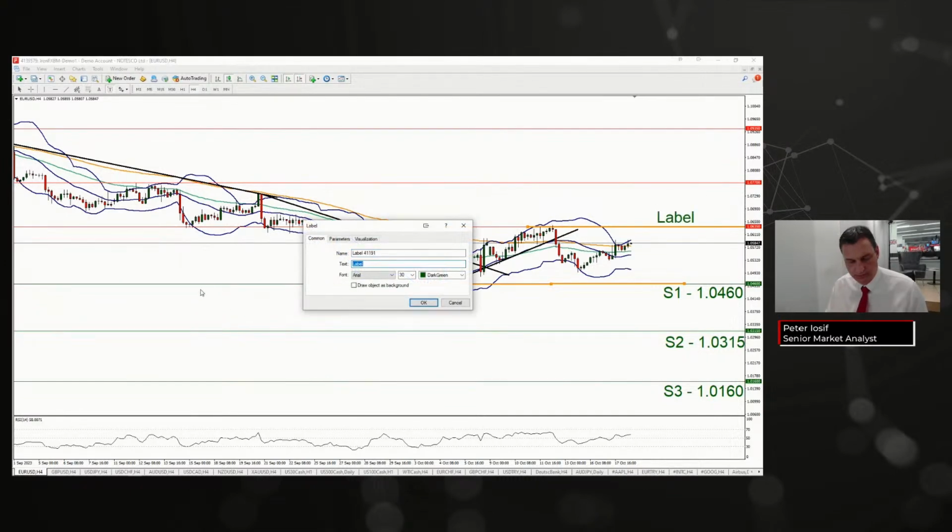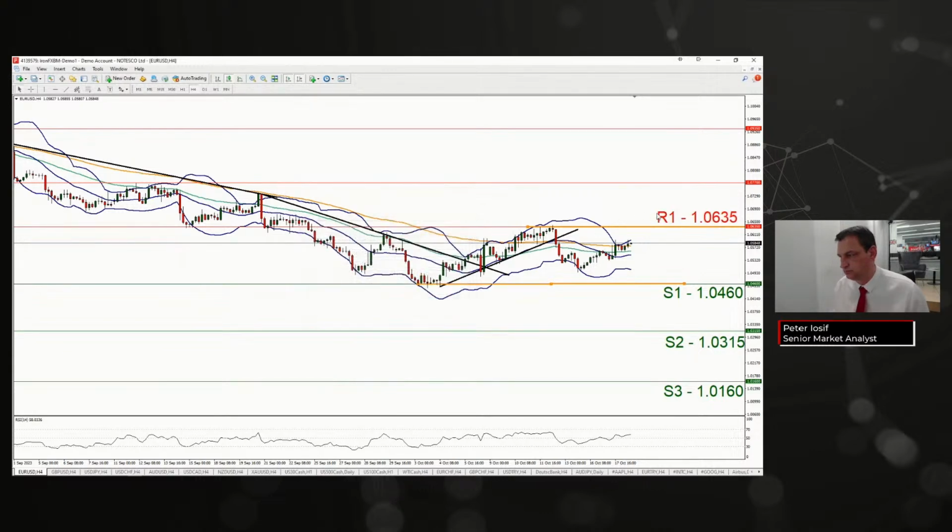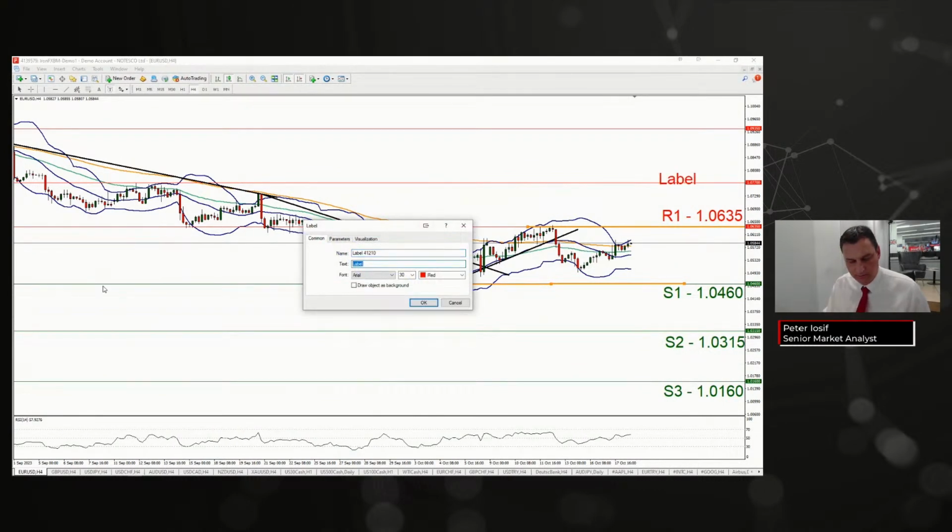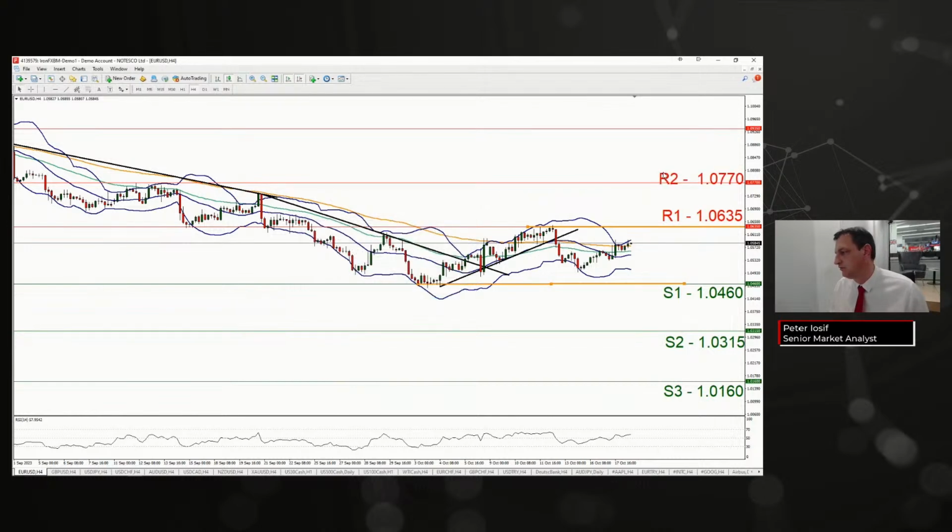So the R1 in red. The R2 at 1.0770. And the R3 at 1.0935.